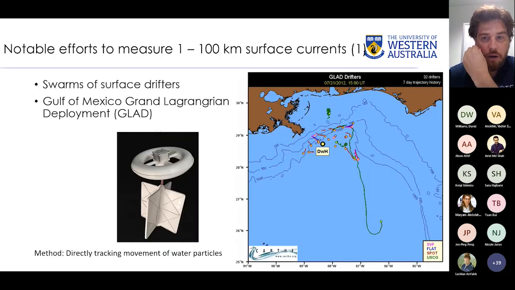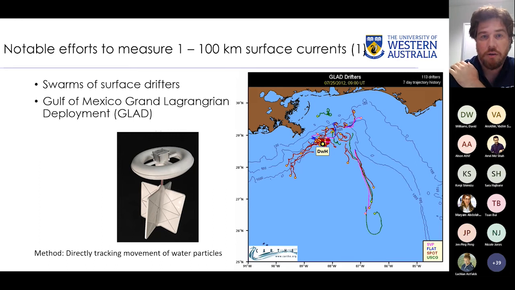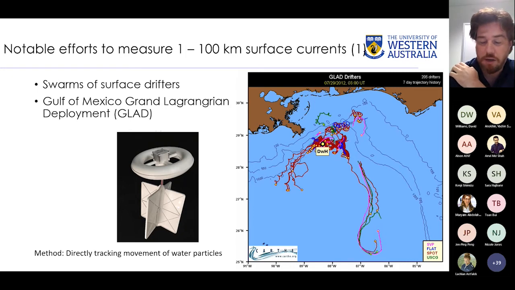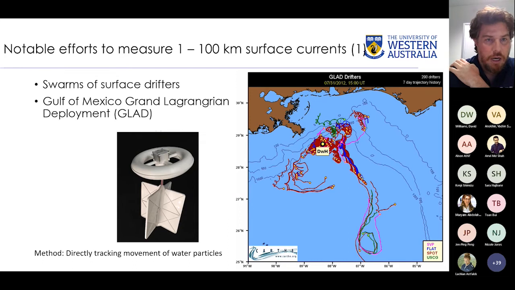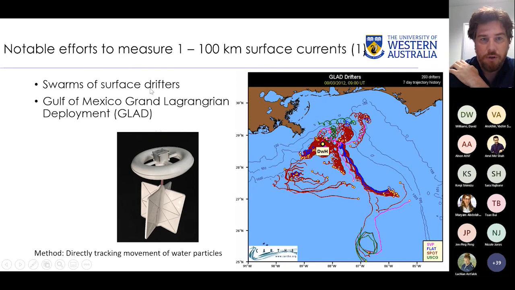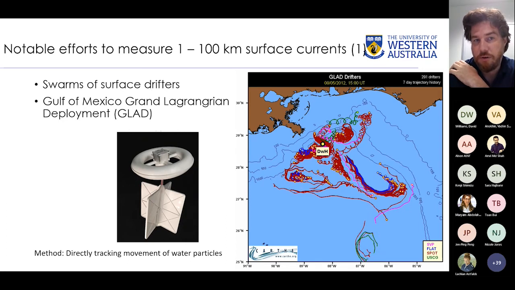So now I'll talk about some of the other efforts to measure surface currents at these finer scales. Again, noting you can't just take a photo of the Earth yet. This is showing swarms of surface drifters.